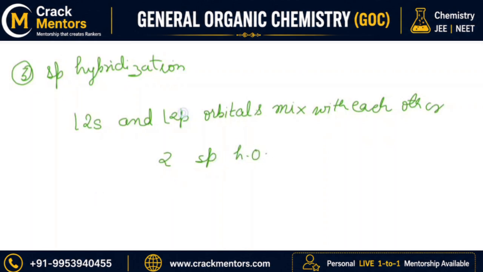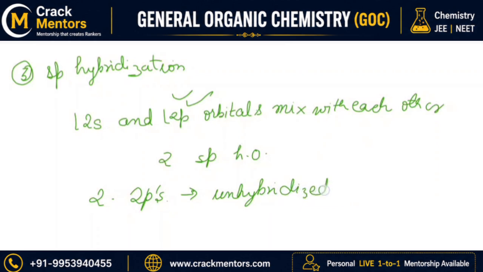And you know that only one 2p has been mixed, so two 2p's are remaining. These 2 unhybridized p orbitals remain as such, and they go into sidewise overlapping. So these 2 sidewise overlappings result in 2 pi bonds, right?